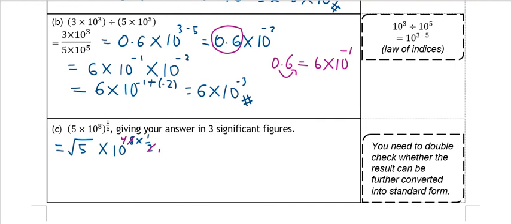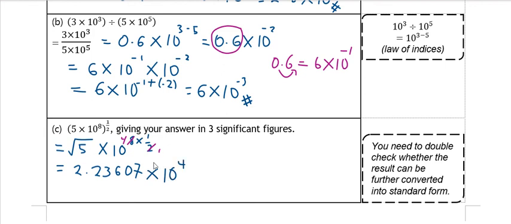Next you have to use your calculator to get the square root of 5. I have my calculator, and when I calculate it, square root of 5 will be 2.23607. Okay, I'll stop here. And then I have to multiply this by 10 power 4.